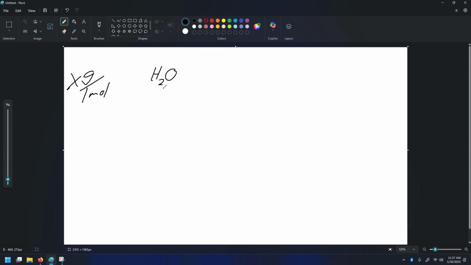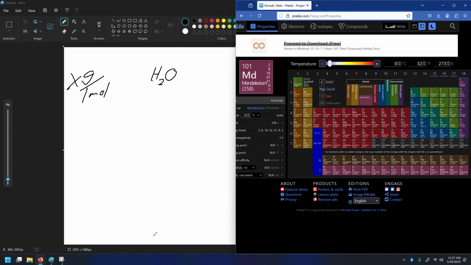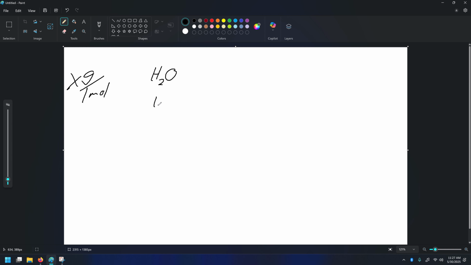In order to figure out what its molar mass is, we're going to take a look at our periodic table. So I have a periodic table pulled up here, and it tells me that the atomic mass of hydrogen is 1.008. So I'm going to go ahead and write that down here, 1.008.